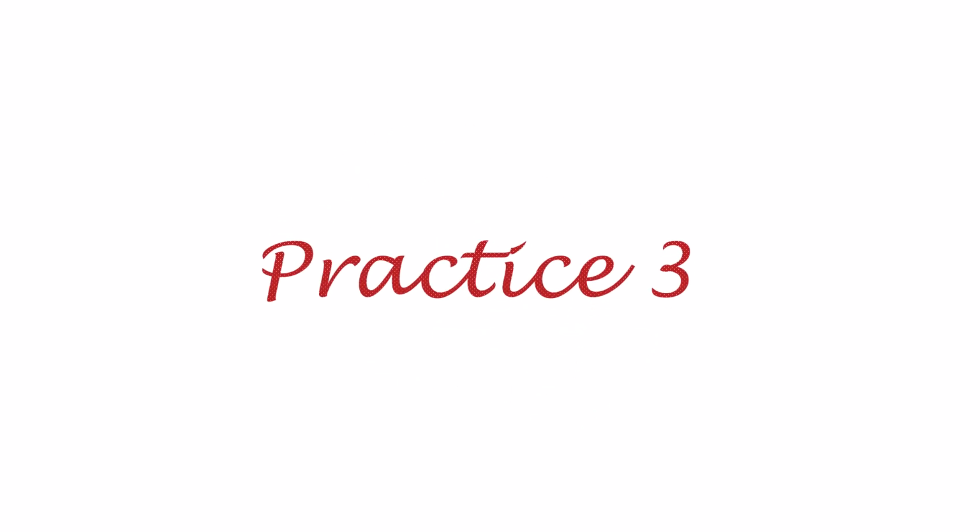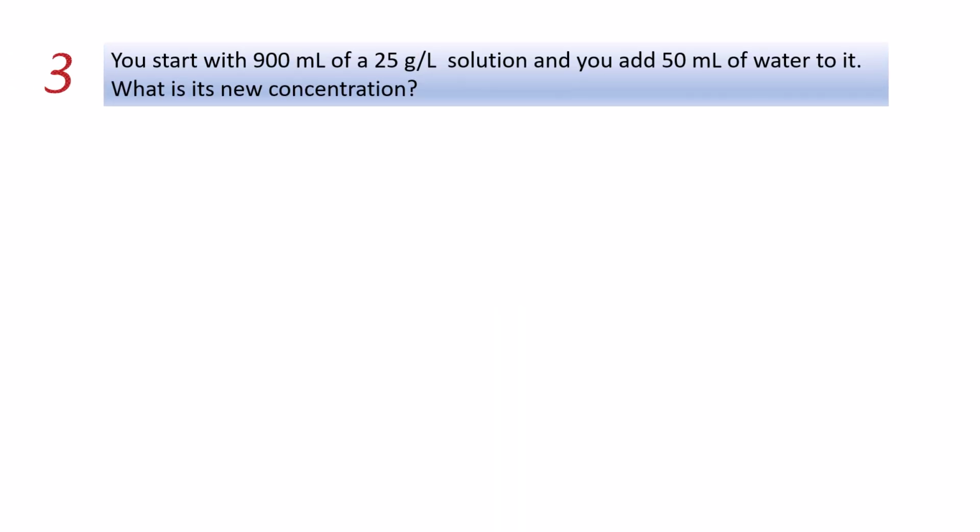Practice problem 3. You start with 900 milliliters of a 25 gram per liter solution and you add 50 milliliters of water to it. What is its new concentration? Pause the video. On paper, solve the problem using the 10-step technique. Check your answer.